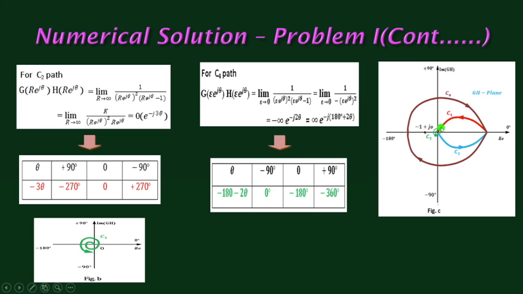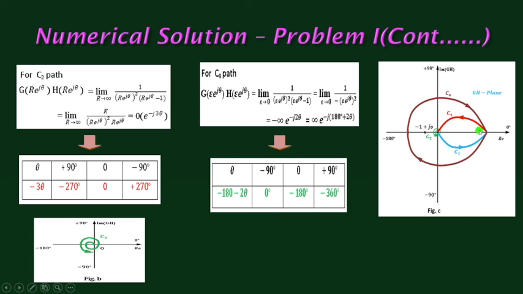So this is the C1 path and this is the C2 path. From that point, C2 ends and this is the starting of C3. This C3 is the mirror image of C1. Then the end of C3 and the starting of C4 are always the same. So the starting of C4 is 0 degree and the magnitude is always infinity, this point.